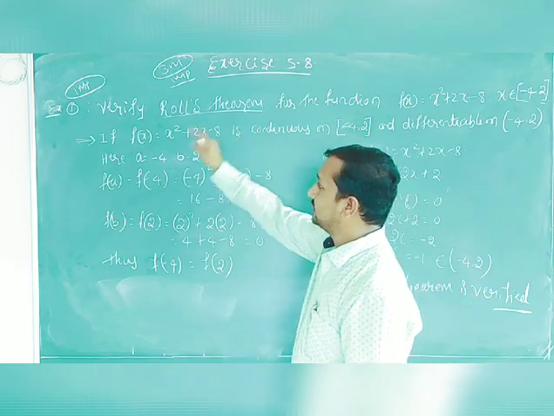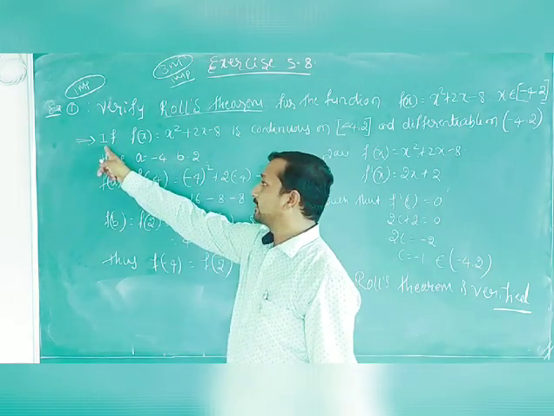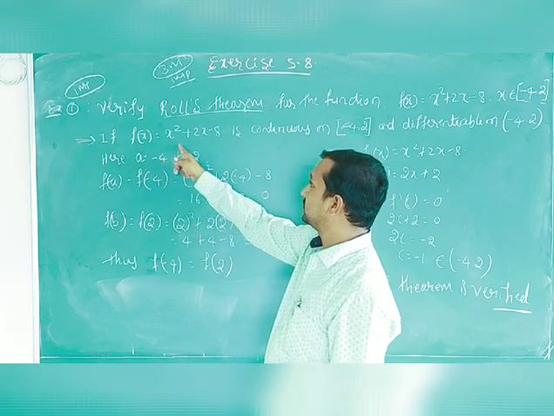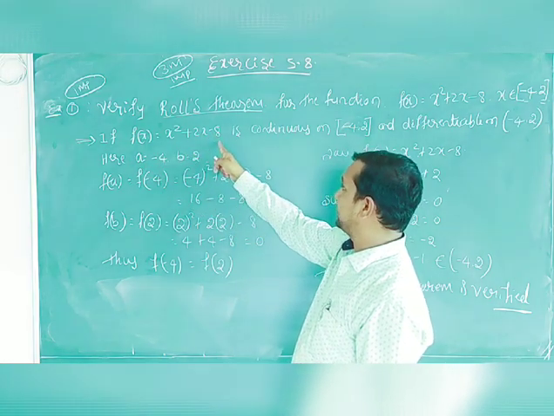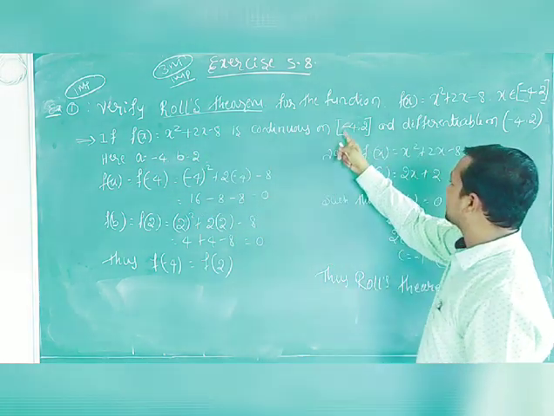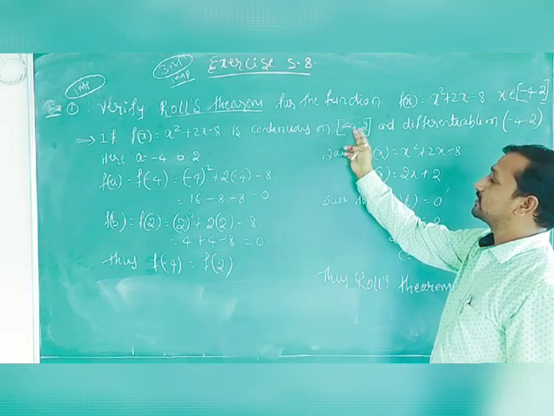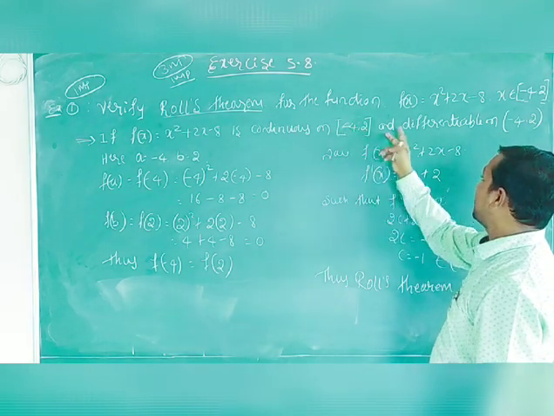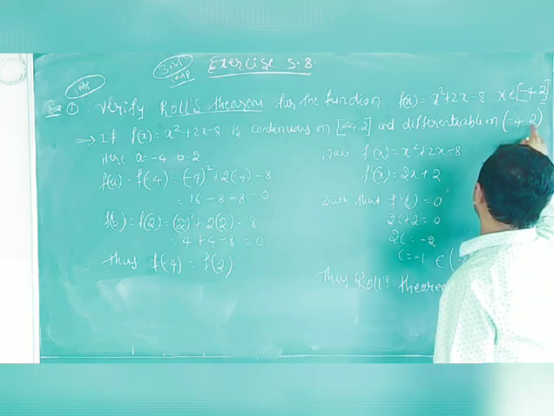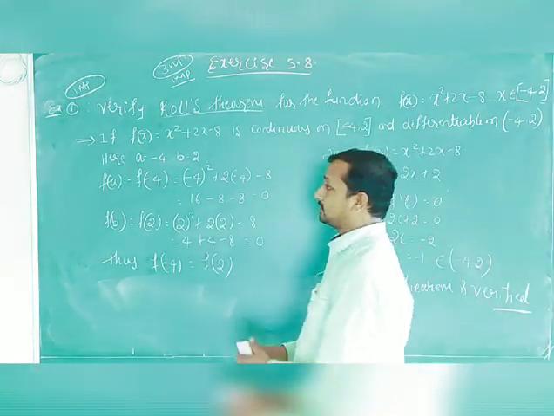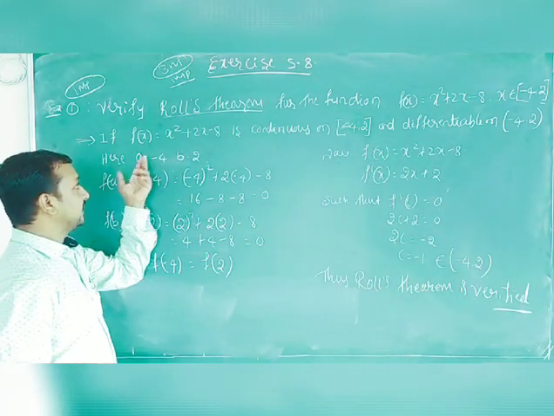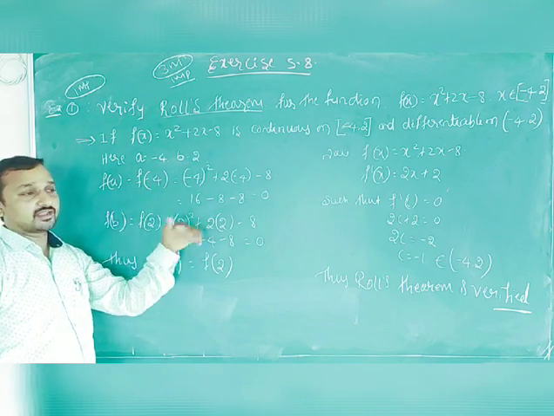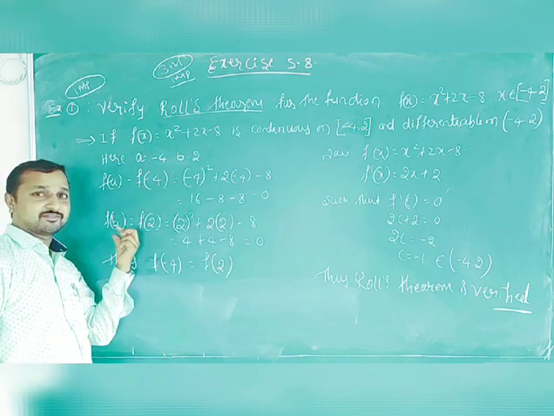This should be compulsory. If the function f(x) equals x² + 2x - 8 is continuous on the closed interval [-4, 2], continuous on the closed interval [a, b], and differentiable on the open interval (a, b), here a equals -4 and b equals 2, then according to Rolle's theorem you find f(a) and f(b).